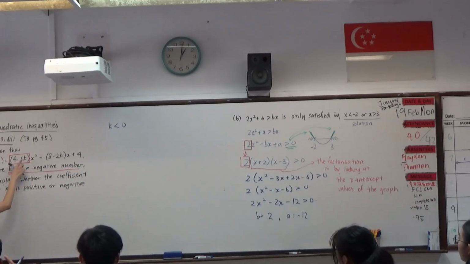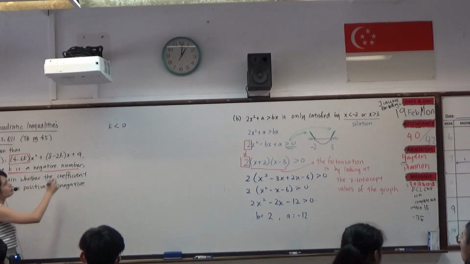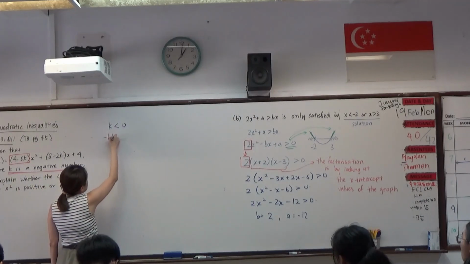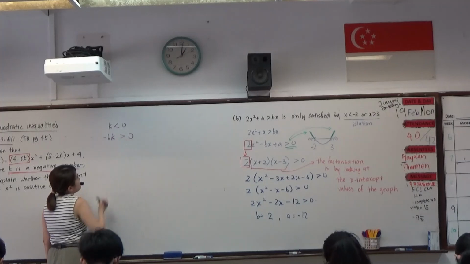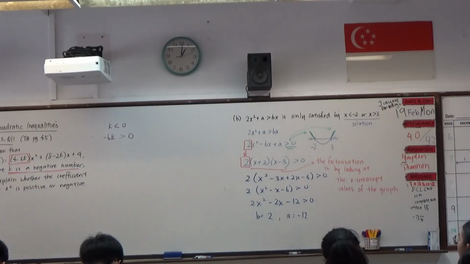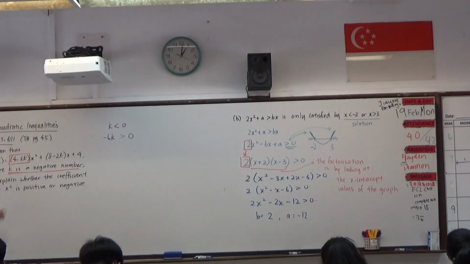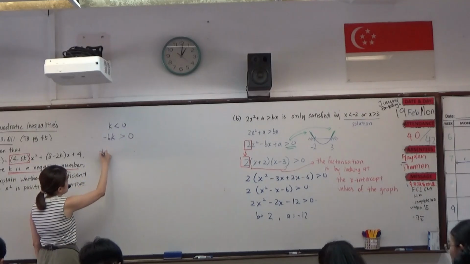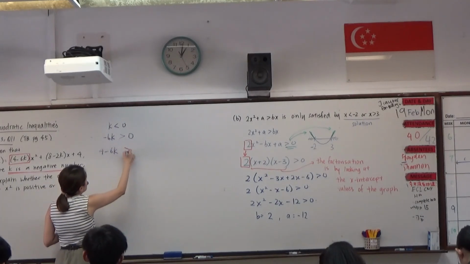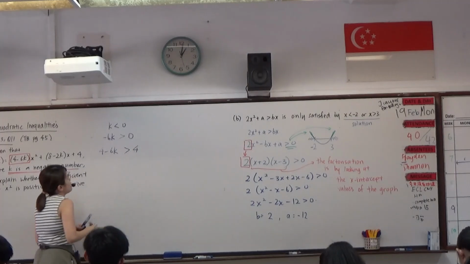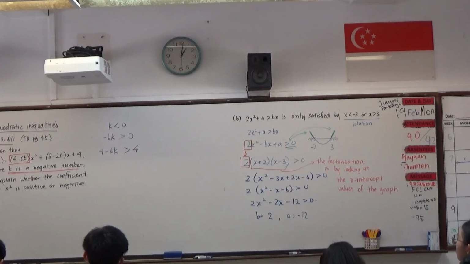Inequalities. So beside k is actually negative 6, we will multiply by negative 6 on both sides first, for which our inequality sign will actually flip, because we multiply by negative 6. Then we add a 4. Sorry, my markers are dying. So adding 4 on both sides, we will get 4 minus 6k greater than 4.